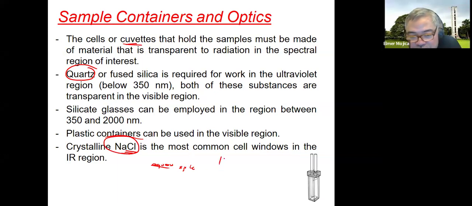So the option that you have in the lab is a silver chloride cell window. And if you're just doing pelletizing, the one that we usually use is KBr powder. So you mix your sample with your KBr.